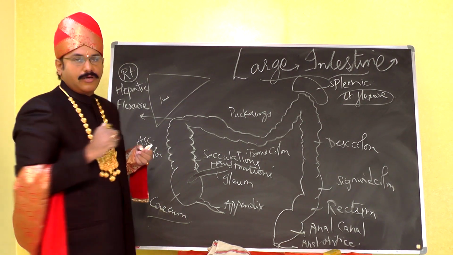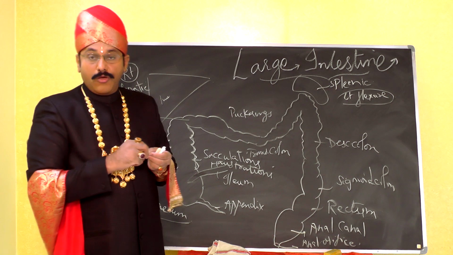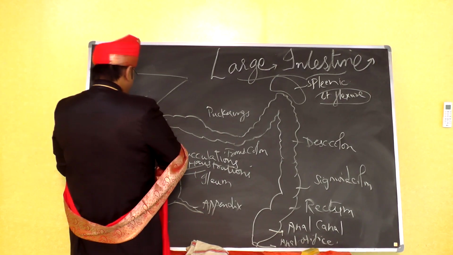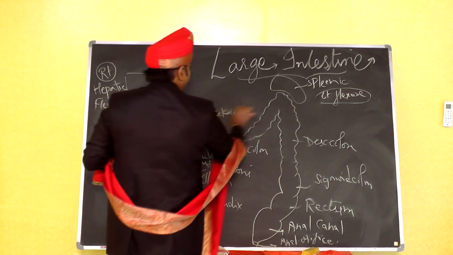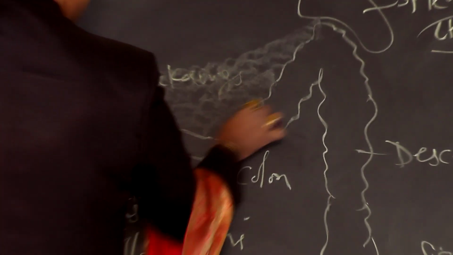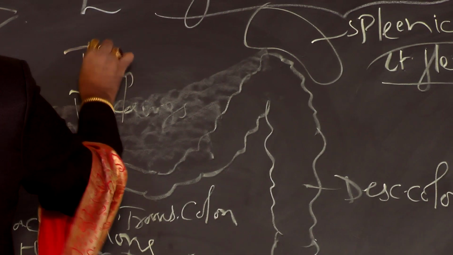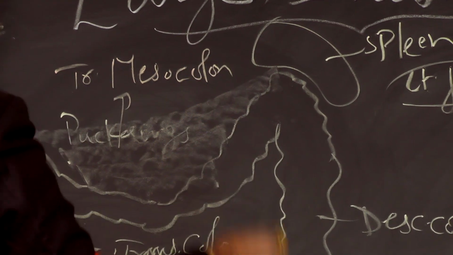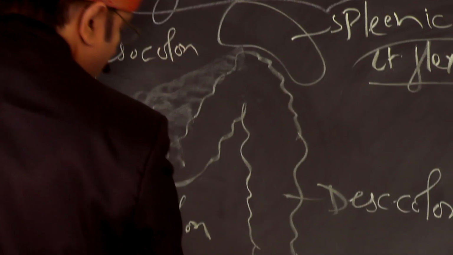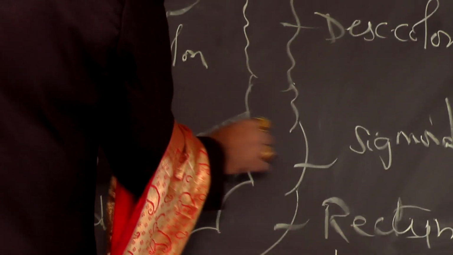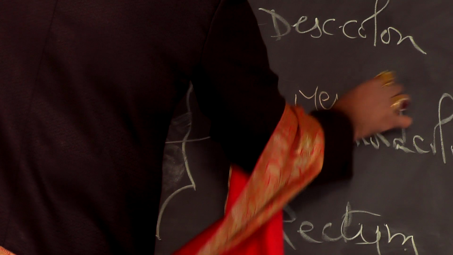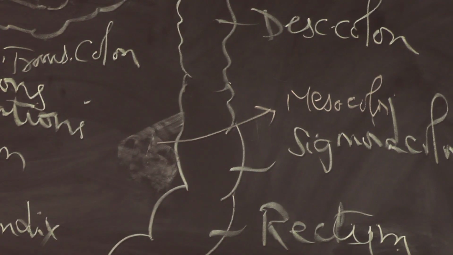Now if you observe the transverse colon, it is suspended by a mesentery. This mesentery is called the transverse mesocolon.